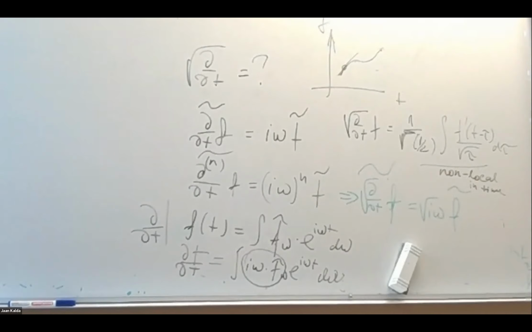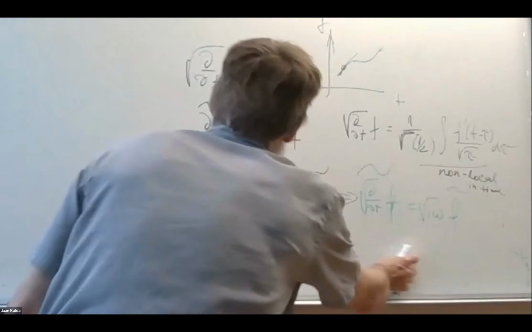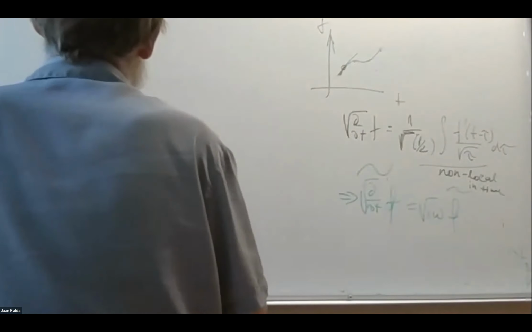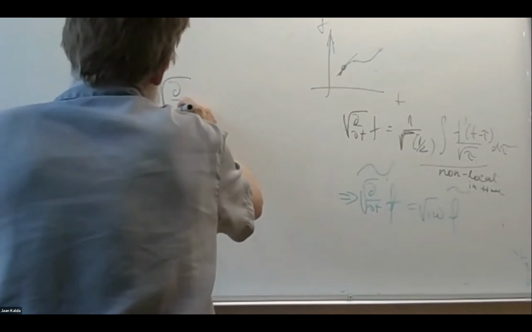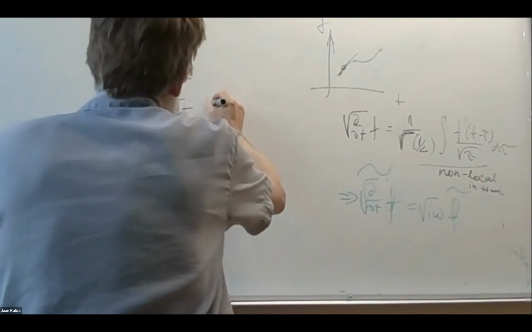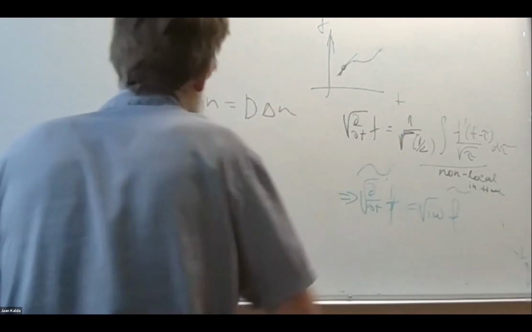And now this is exactly what happens if you have a continuous time random walk. A continuous time random walk, which was more or less described in the previous lecture, becomes described by a diffusion equation involving the square root of d over dt of n, the concentration, equal to D times the Laplacian of n.